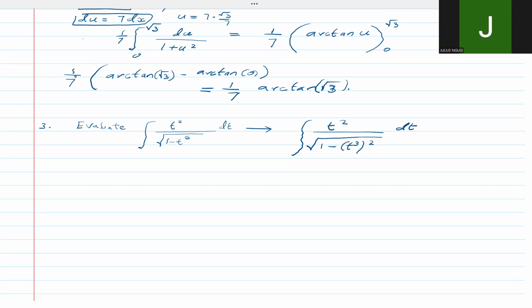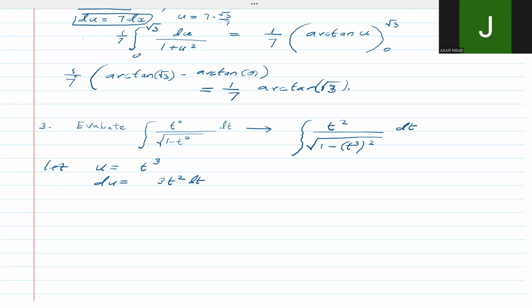Then we choose u. The choices of u, as I said in class, are mostly the one inside the square root sign. The one in the parentheses for the square root sign is t cubed. So u equals t cubed. So the derivative of u will be 3t squared dt.